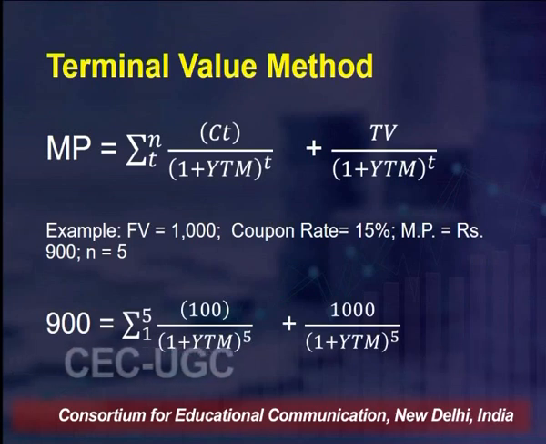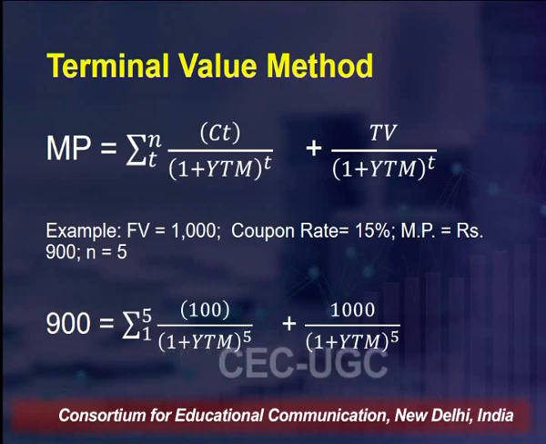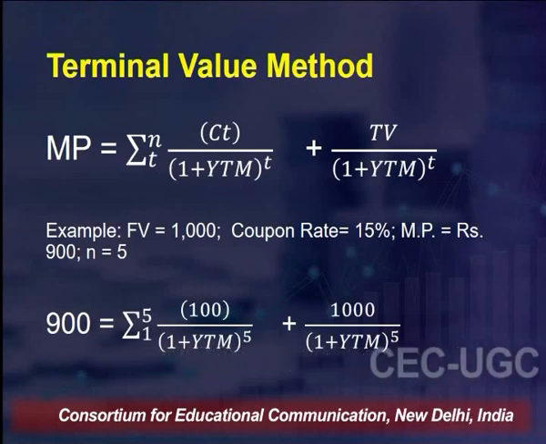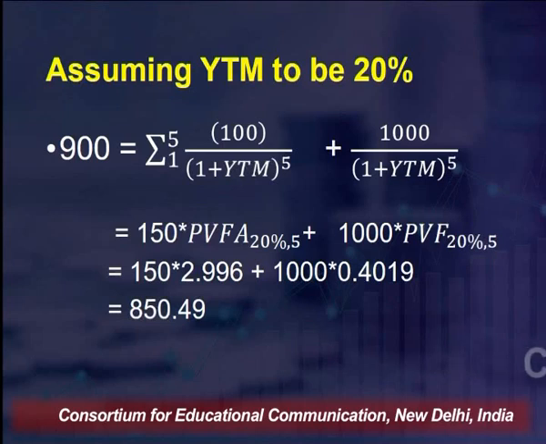Here we have to use the trial and error method, because we already know the coupon rate, the face value, the value of N, and the current market price at which it is available. We need to calculate the yield to maturity, how much am I going to get.